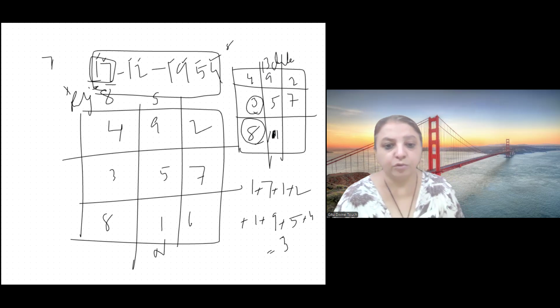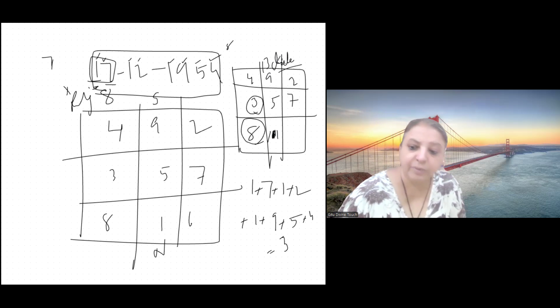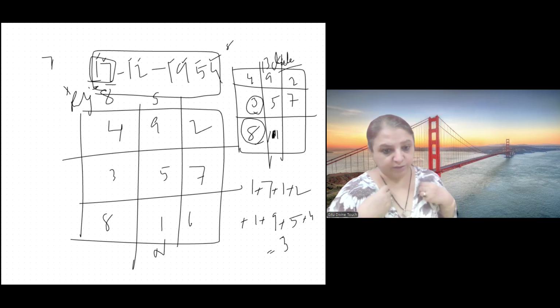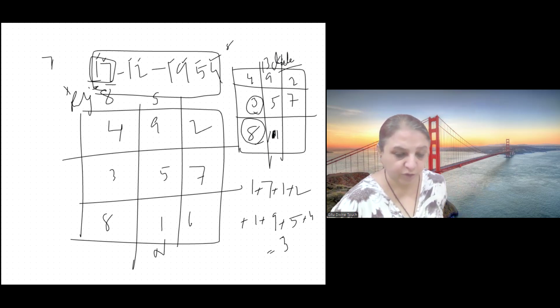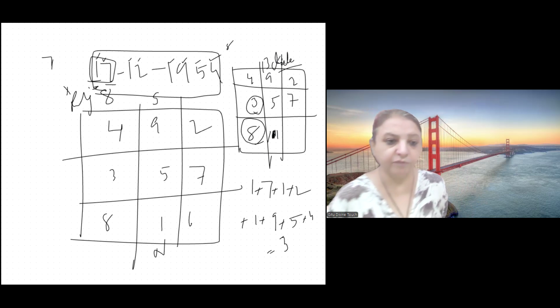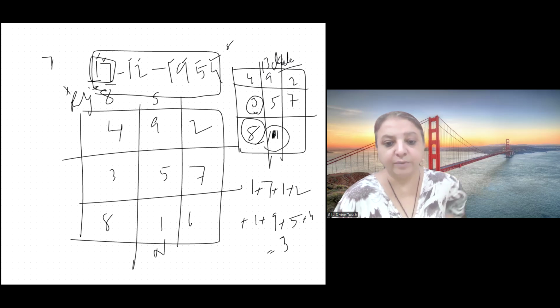The first part we are learning is interpretation. In the second part, we'll be using elements for remedies. In interpretation, the first step is to see how many ones are present here. That will decide your quality.